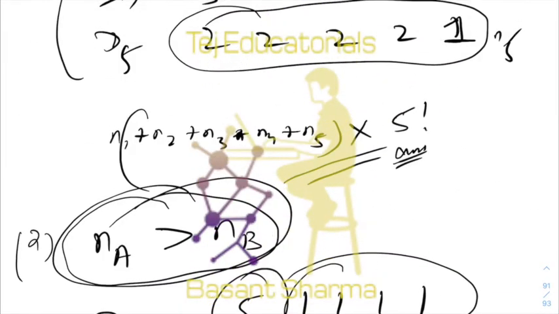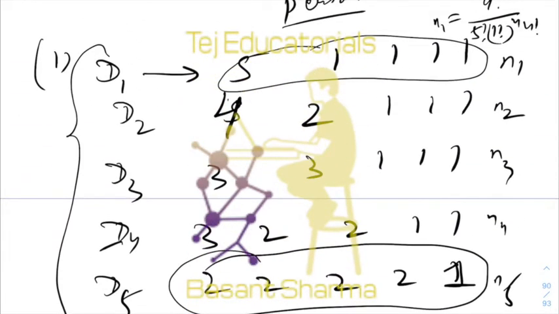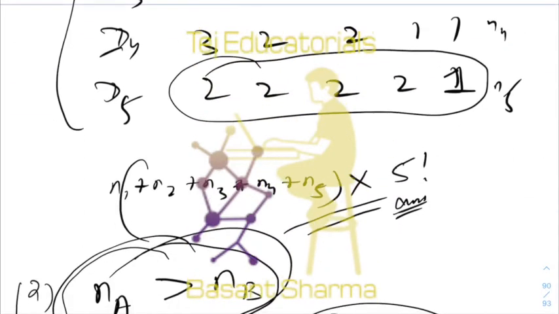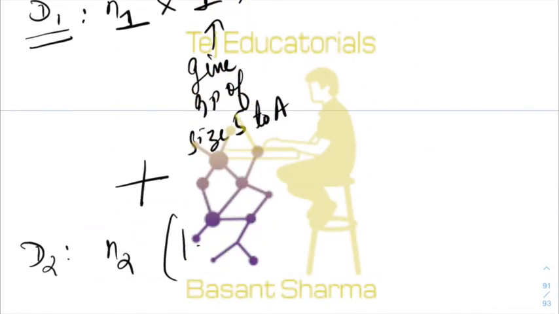In D2, there is only one way in which you can give a group of size 4 to A, and now it doesn't matter which group goes to B. You can either give it a group of size 2 or group of size 1. Our condition will be satisfied anyways. So distribute the remaining groups in 4 factorial ways.